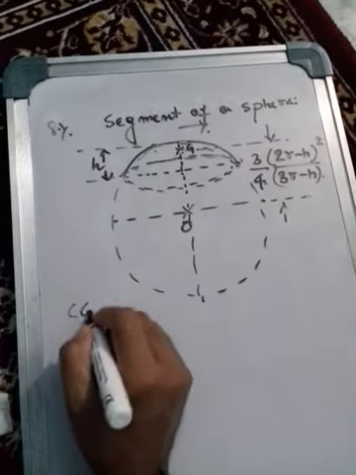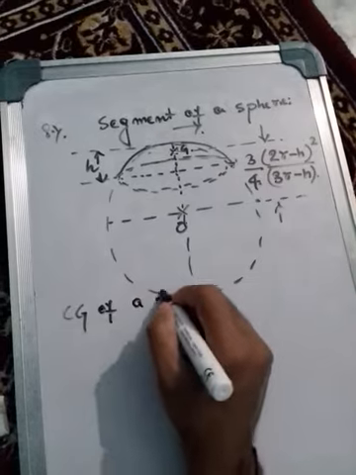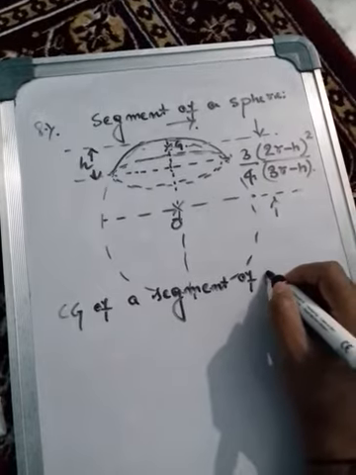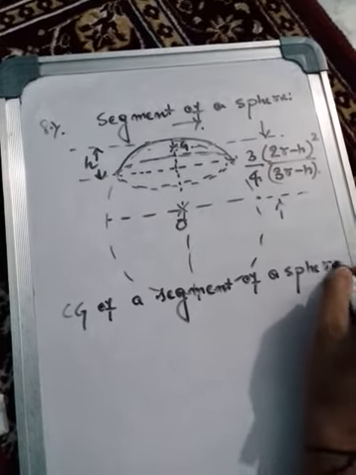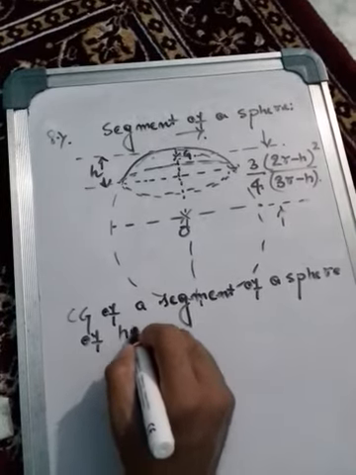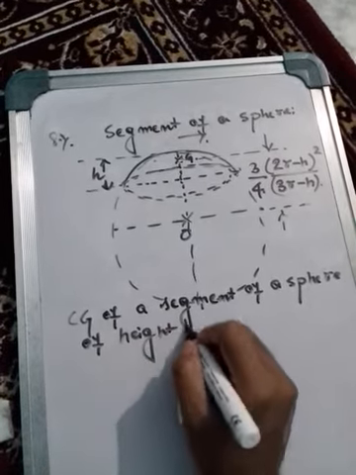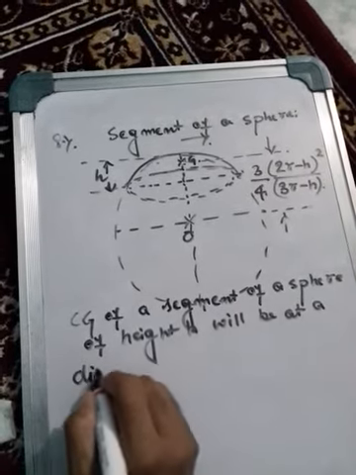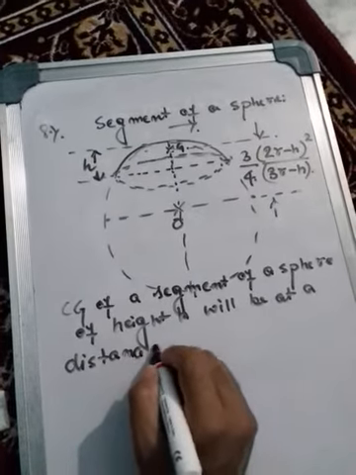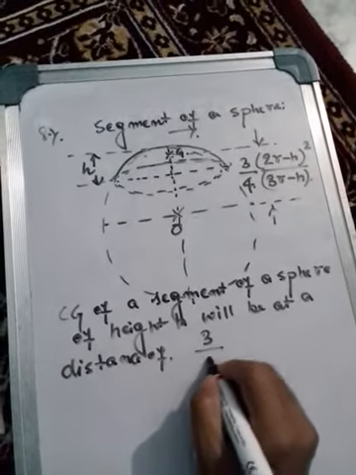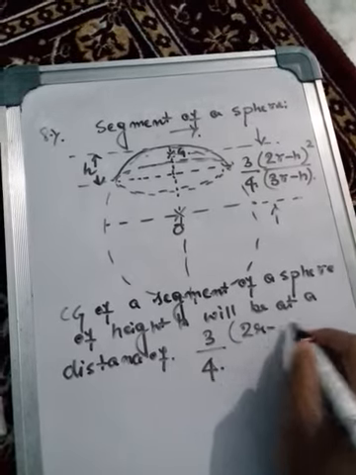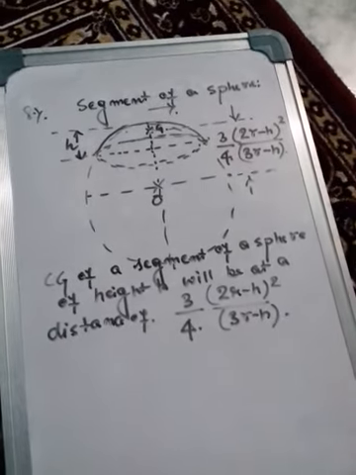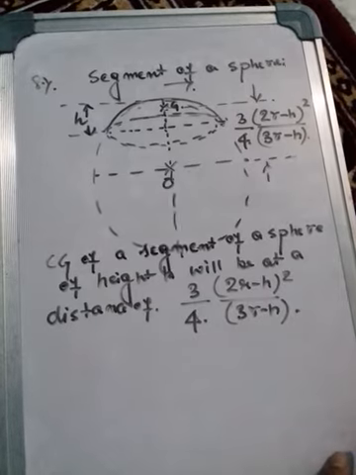Write down: CG of a segment of a sphere of height h will be at a distance of 3 by 4 into (2r minus h) whole square divided by (3r minus h).